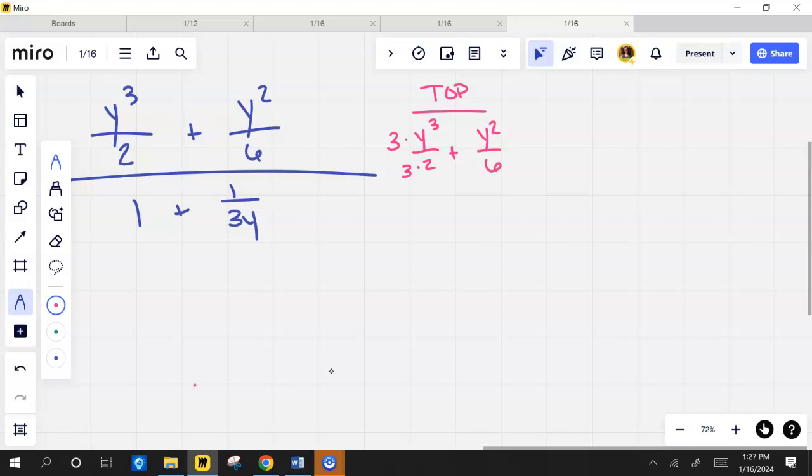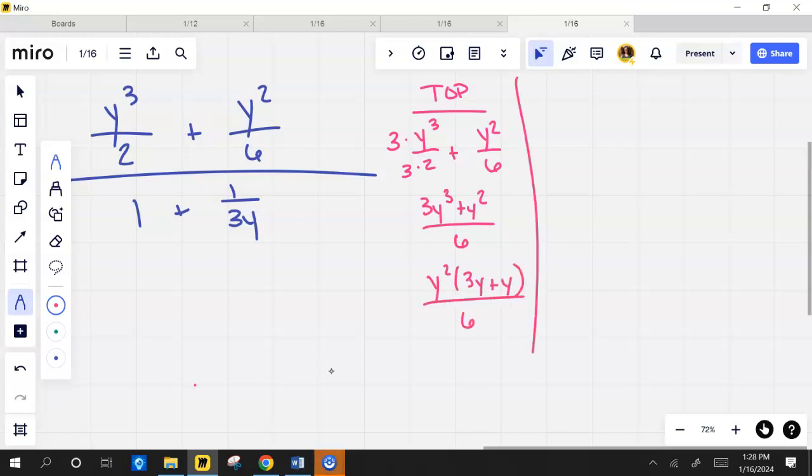The second one needs what? Nothing. I'm okay, right? So I get 3y cubed plus y squared over 6. And I may even go a step further and factor that y squared out, because everything needs to be completely factored. It's going to make your life a lot easier in the end. All right, there's the top.